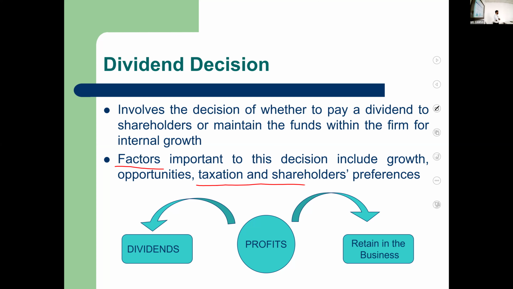So, double taxation. Clear? So, if shareholders prefer not to provide the dividend and just invest that fund somewhere else, then we should do that because they are the owners, no? We need to respect their preferences as well, right? So, this is about dividend decision. You have profit, how much you are going to pay as dividend, how much you are going to retain for your future business. Clear?